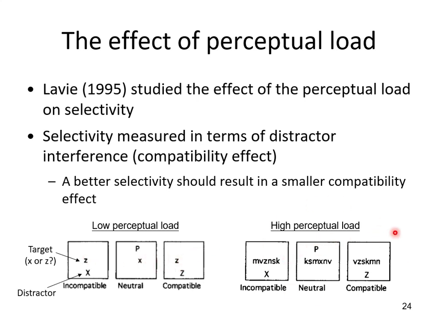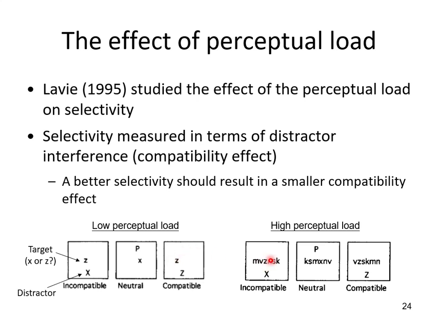But on the right condition, it is more difficult to identify the target, because you have some other letters surrounding it. You really need to focus on the target in order to discern whether it is an X or a Z. In other words, it is perceptually more demanding, more difficult to see.